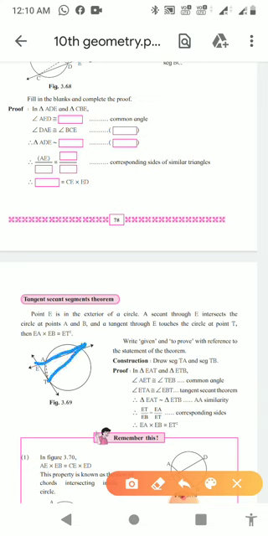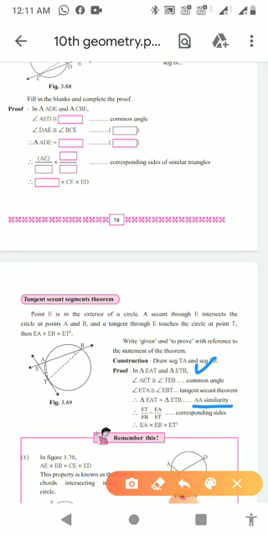Now why are these congruent? Because according to the tangent secant theorem, these two angles, angle T and angle B, are equal: one point joins the tangent and the other point joins the secant. So in triangle EAT and triangle ETB, two angles are equal, and according to the angle similarity test, these two triangles, triangle EAT and triangle ETB, are similar triangles.